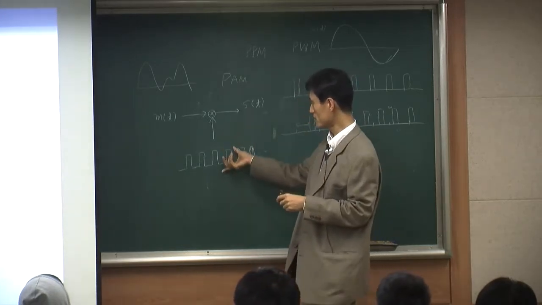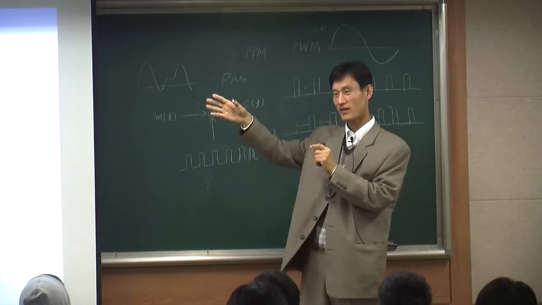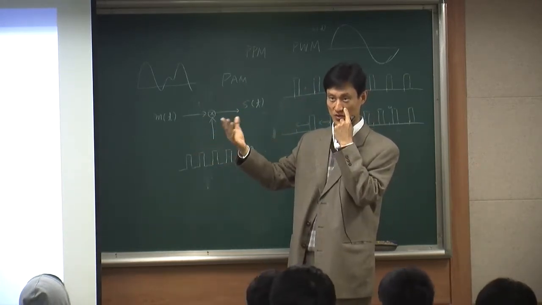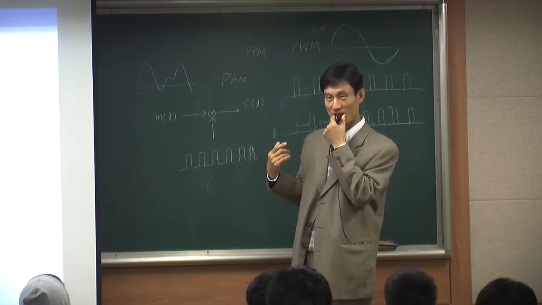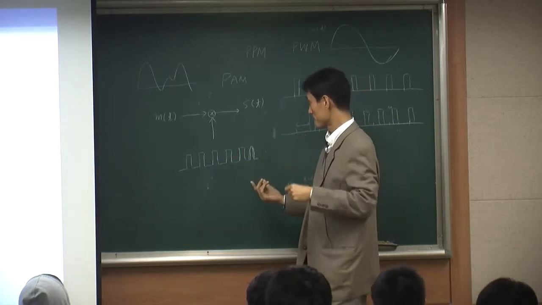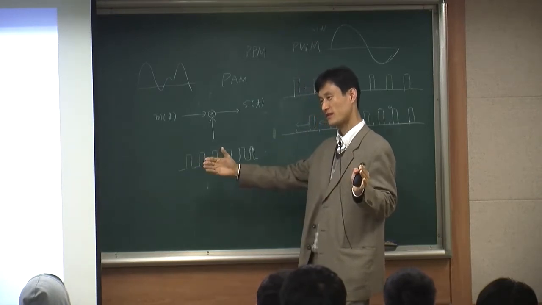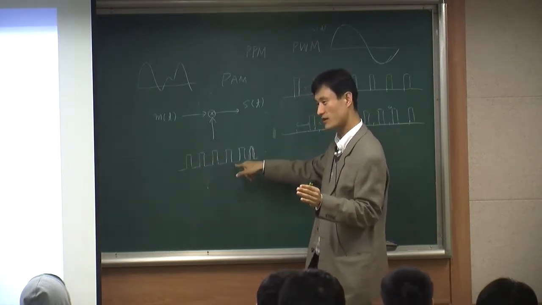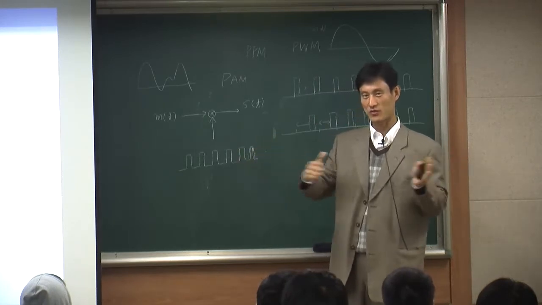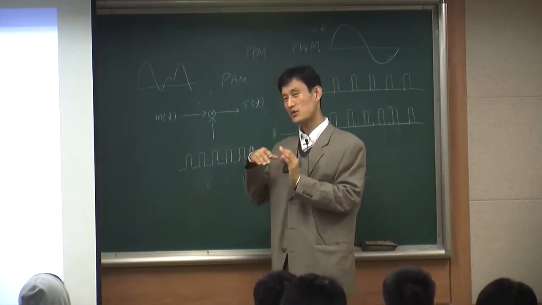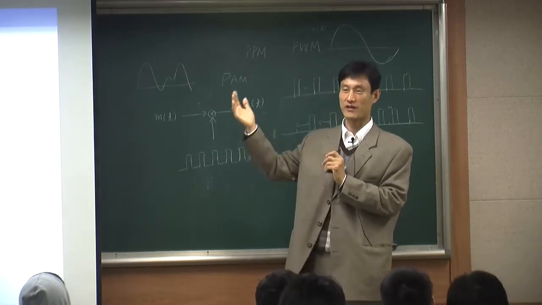If you use a pulse carrier like this and transmit over the air, you cannot transmit. Why is that? Because this kind of pulse train has an infinite frequency. See this rectangular, right? In frequency, it's going to be a sinc function. You have all the frequency. You cannot transmit. So sinusoidal carrier is the best one over the air.